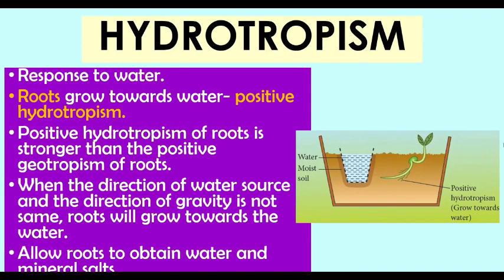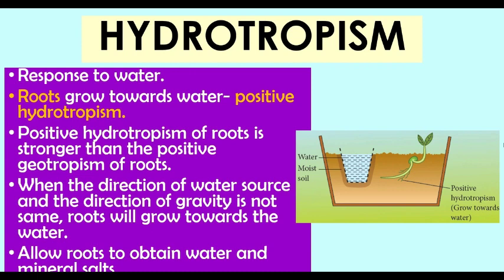The third one is hydrotropism. Hydrotropism is the response of plants towards water. Roots of plants show positive hydrotropism, which is a growth towards the direction of water. Positive hydrotropism allows the roots to obtain water to carry out photosynthesis and absorb dissolved mineral salts to stay alive.